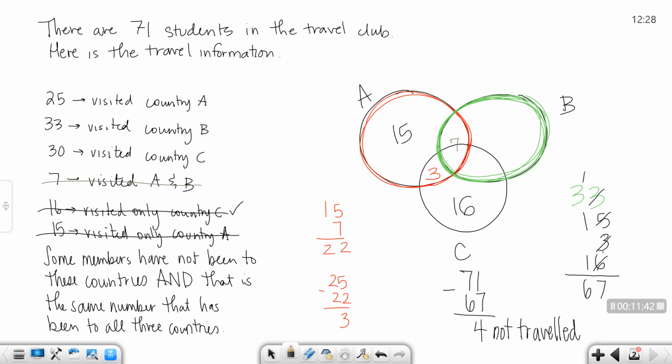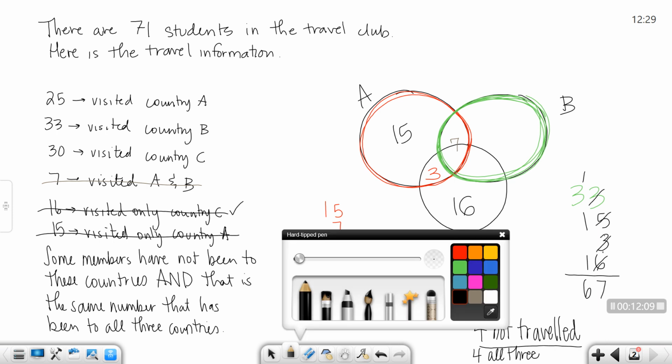It says some members have not been to these countries, and that is the same number that has been to all 3 countries. So 4 have not traveled to the country, and by that definition, it also tells you that 4 have traveled to all 3, because it told you, coincidentally, the same number that traveled to none traveled to all 3.